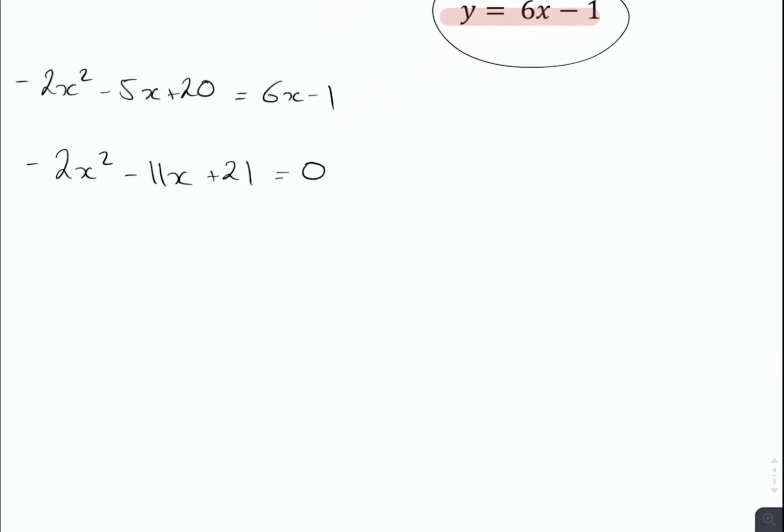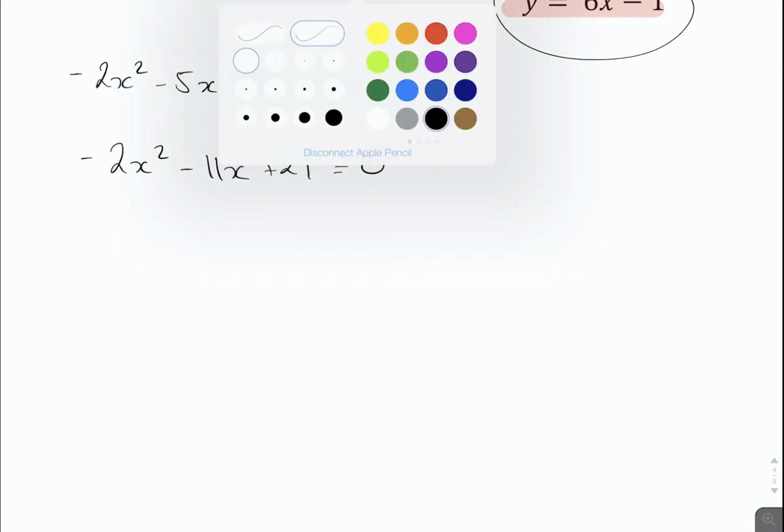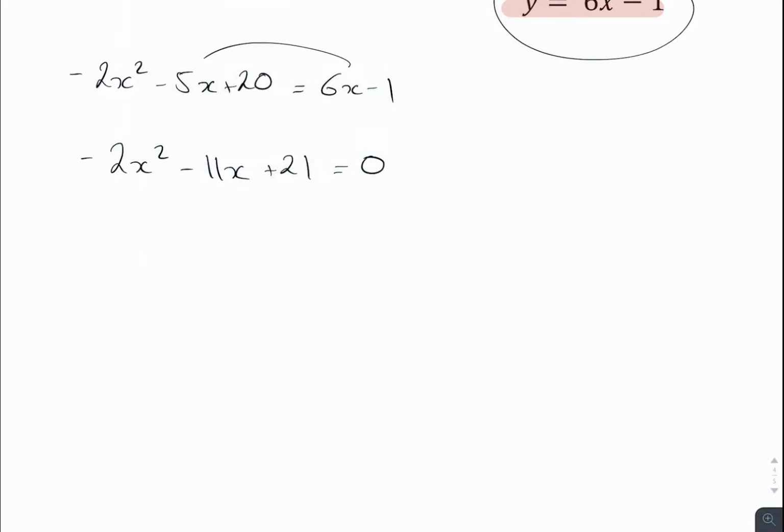And I hope that you can see what I did was just bring this stuff over, collect like terms, and get my quadratic. Now, does this have any roots? Let's see. Can I factor this? Now, there are two numbers that add to give me -11, multiply to give me -42.